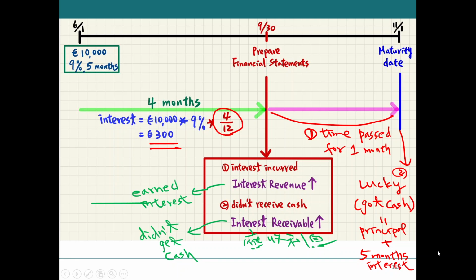Okay, any questions? So you should tell them you got the cash, principal, and 5-month interest. And don't forget, we still have 1 month passed. 1 month passed means you earned 1 month interest. Any questions? No?